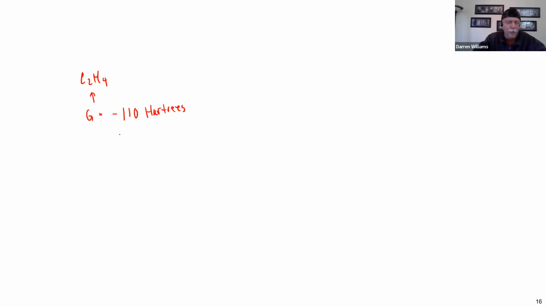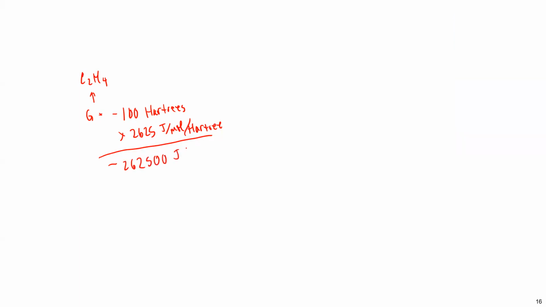But then you multiply that by 2625 joules per mole for Hartree. And so now you have a really big negative number. Let's just make it 100, so put another couple of zeros on there: 262,500 joules per mole.